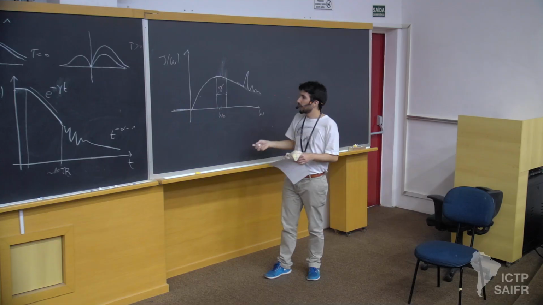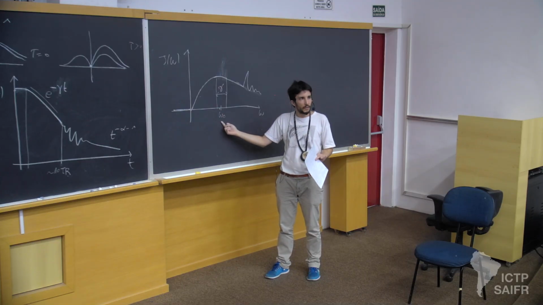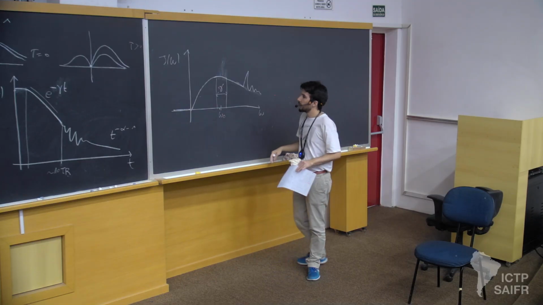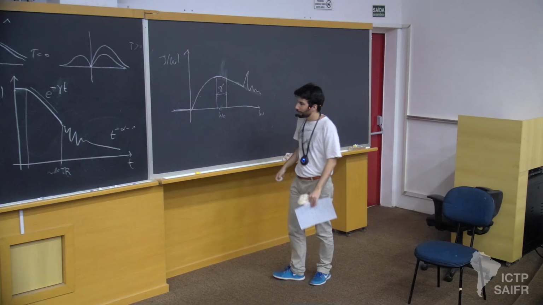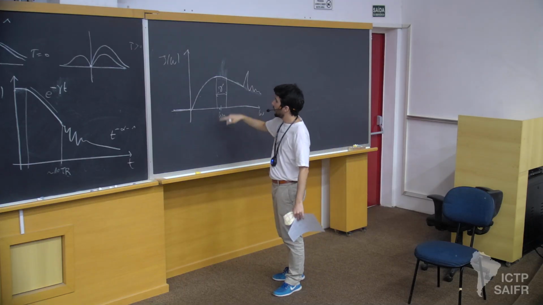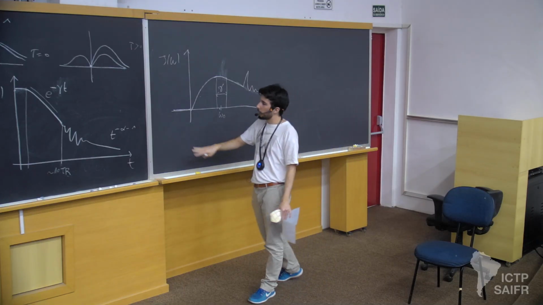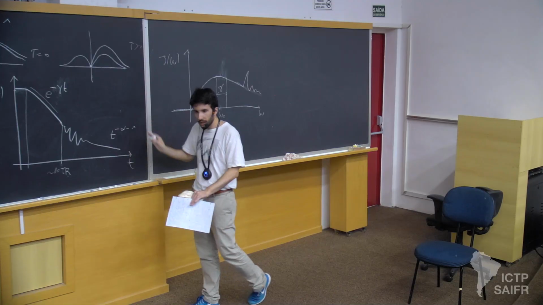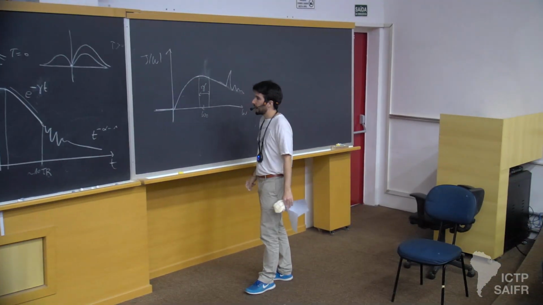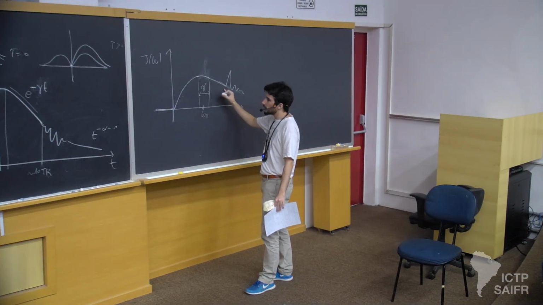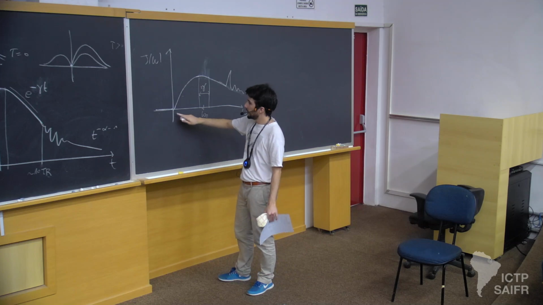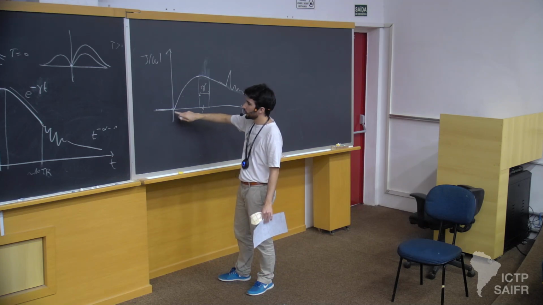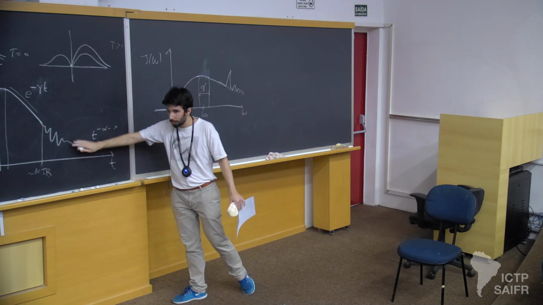A bath might be Markovian around the system frequency. It's a relative property. And all this about power laws and non-smooth points is the precursor to what is happening here.